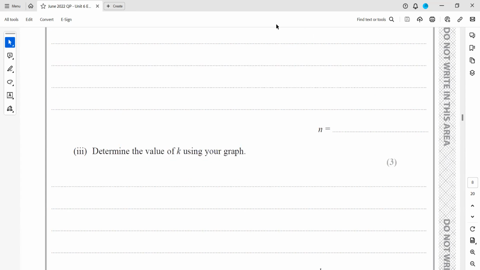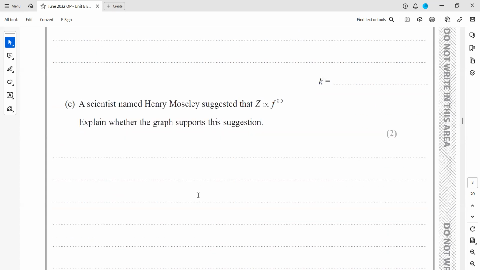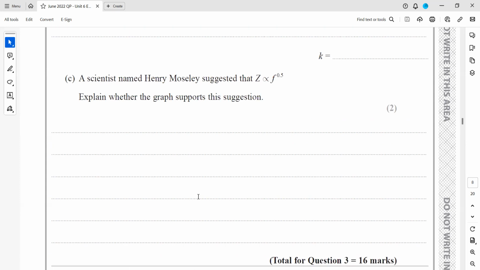If for example the value of n is 1.2, and according to the scientist the gradient should be 0.5, it does not match, so you will say the result does not match the suggestion, or the graph does not support the suggestion.